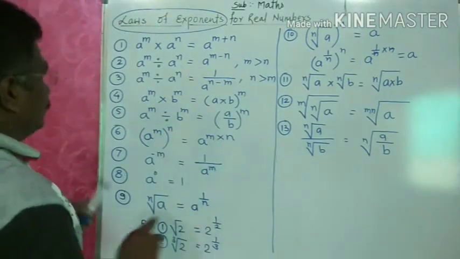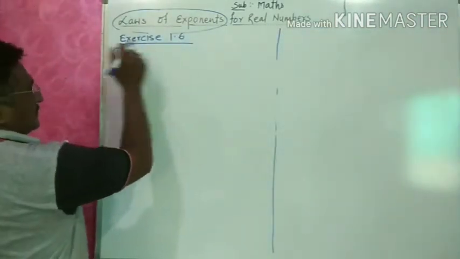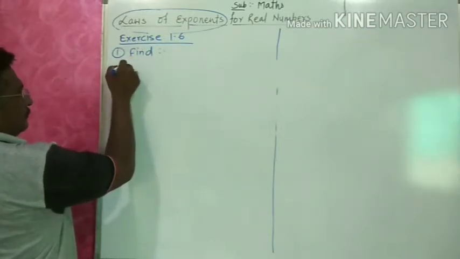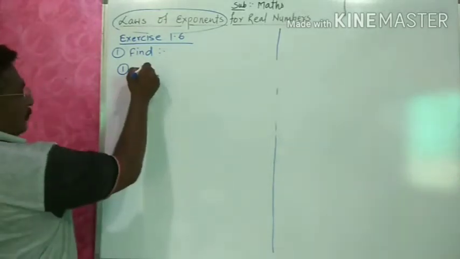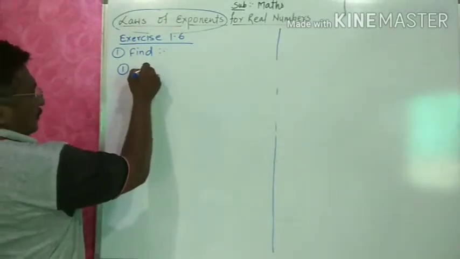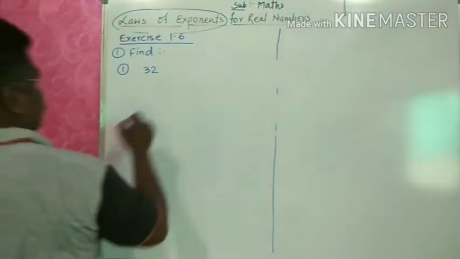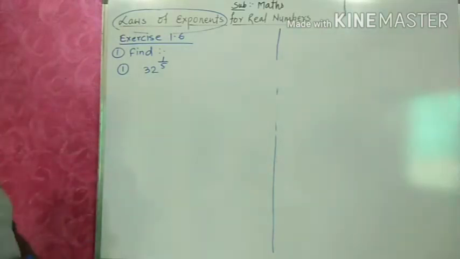First question: find number 1, 32 raised to the power 1 by 5. Like that it is given.